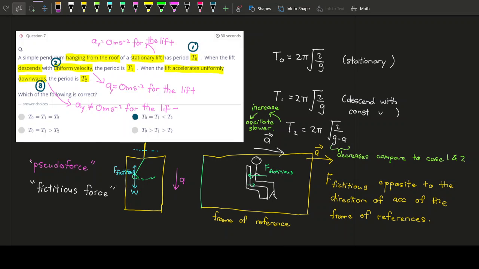If it's accelerating downwards with acceleration of g, it means it's free falling.